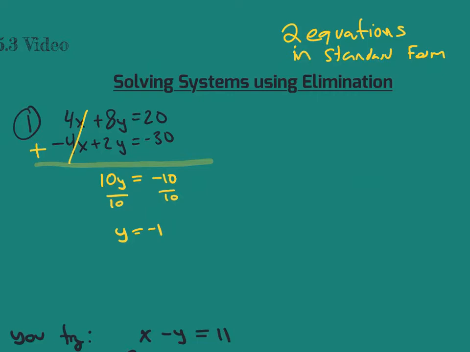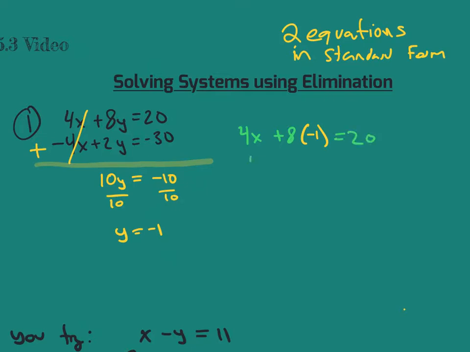Now I'm not done. I have y, now I need to find x. So I can pick any equation from up above. I'll pick the top one, just because it's all positive. Using that equation, I'm going to plug in. We get 4x plus 8 times negative 1, because that's what y is, equals 20.